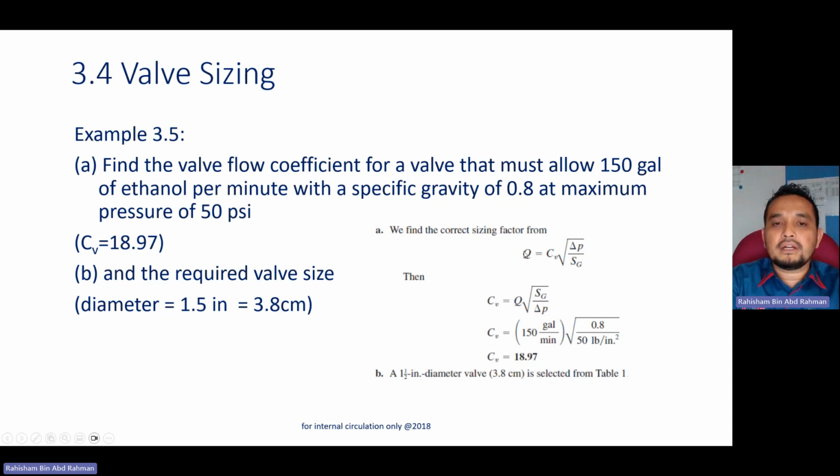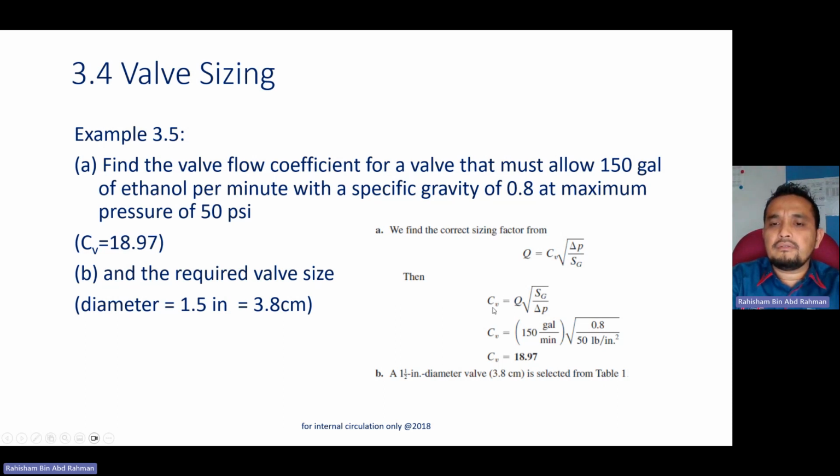Valve flow coefficient is, sorry, not Q. Q is the flow. Valve flow coefficient is CV. Sorry, I got confused. So we rearrange the formula.